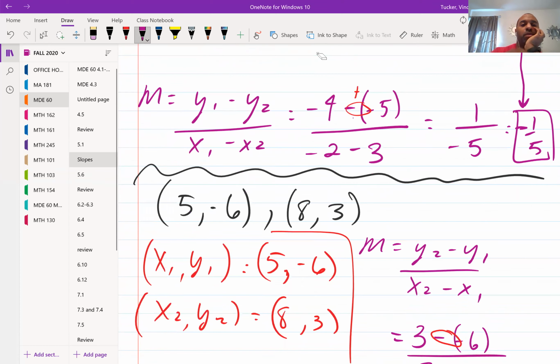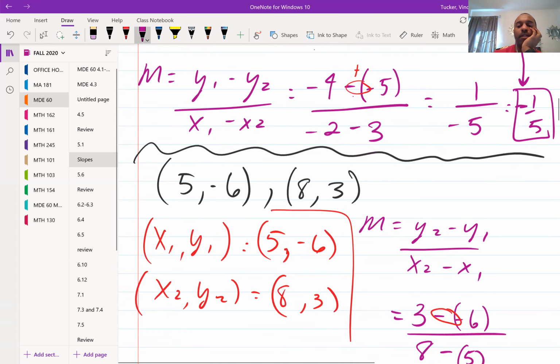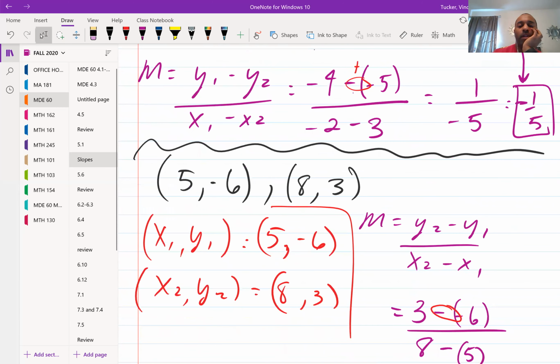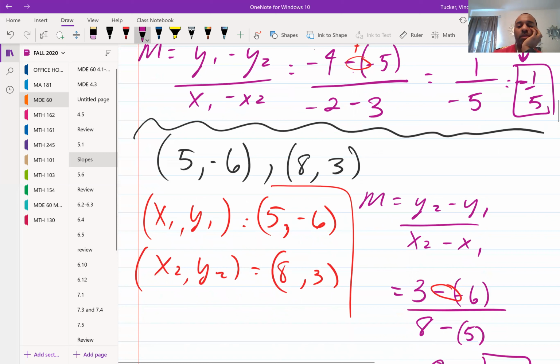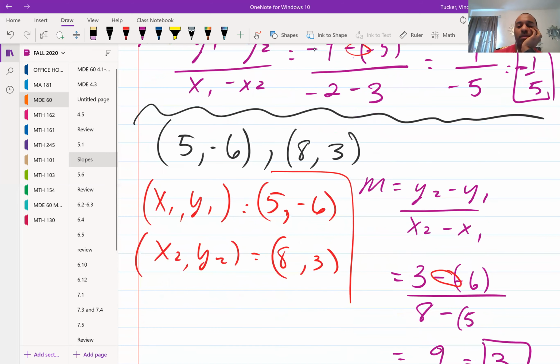So y2 is 3. Y1 is -6. So that's why we have 3 minus -6. Then x2 is 8 minus 5. All right. So we have 3 minus -6 over 8 minus 5.